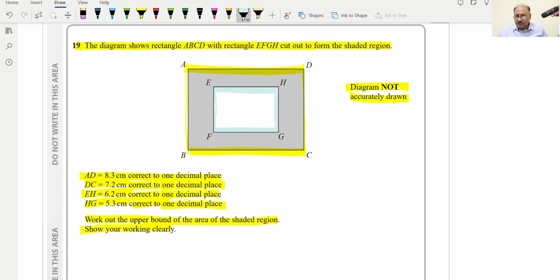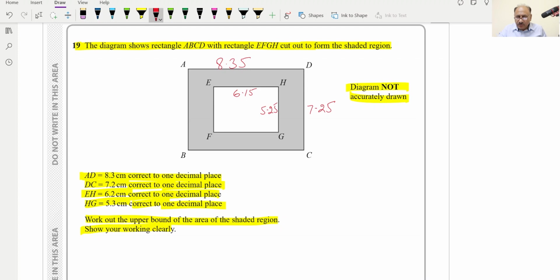So we take the upper bound of AD, which is 8.35, and the upper bound of DC, which is 7.25. Now we require the lower bound of the internal white portion. EH is 6.2, so its lower bound is 6.15, and HG is 5.3, so its lower bound is 5.25.